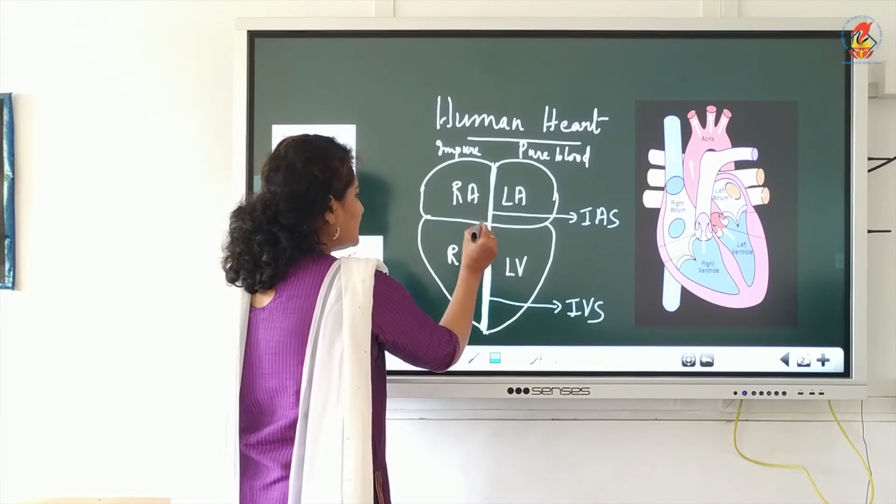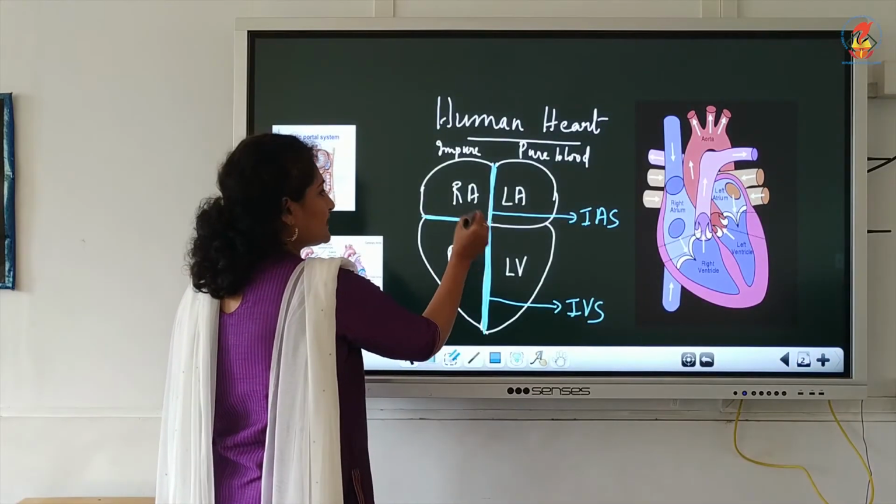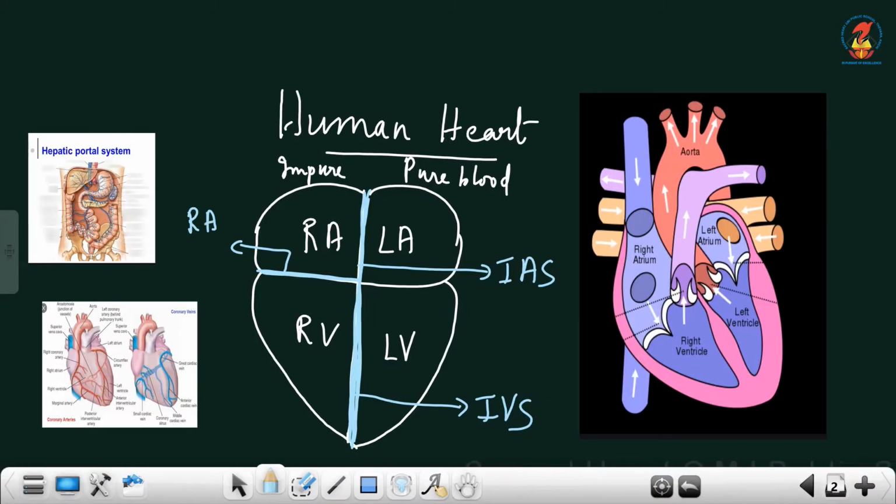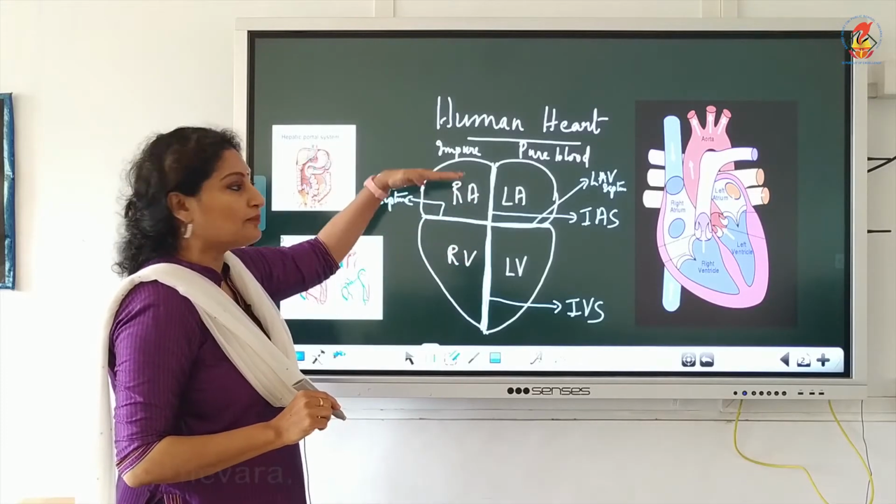Similarly, between the right atrium and the right ventricle there is a septum, and the name is right atrioventricular septum. Here also, between the left atrium and the left ventricle there is the left atrioventricular septum. But this septum is not completely closing the chambers. They communicate.